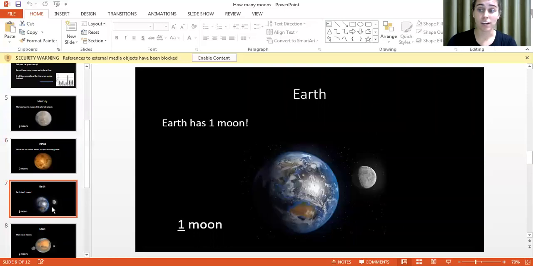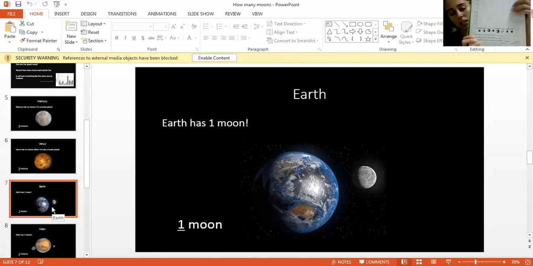Next, we have Earth. And as you see from at nighttime, Earth has 1 moon. So in order to graph, we need to look for the number 1. As you can see here on our graph, it goes by tens. But every 2 lines, it skips.